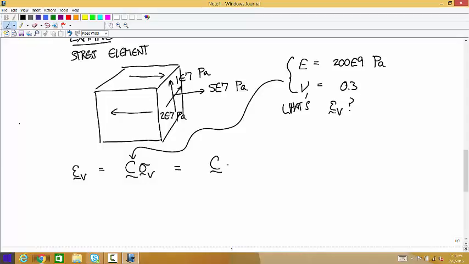So that's the compliance matrix times the Voigt stress, which looks like this: 5 times 10 to the 7th in the xx direction, 0 yy, 0 zz, 0 yz shear stress, negative 2 times 10 to the 7 xz shear stress, and 1 times 10 to the 7 xy shear stress.